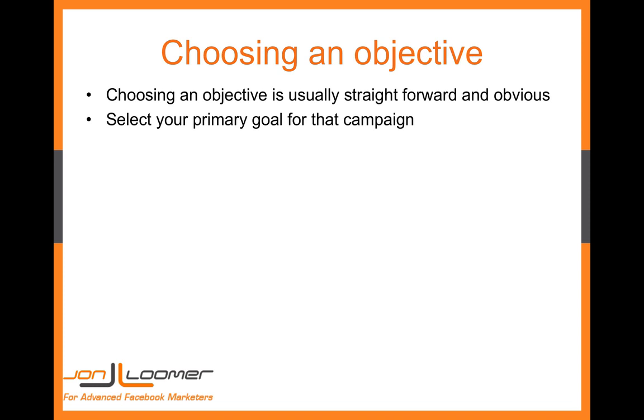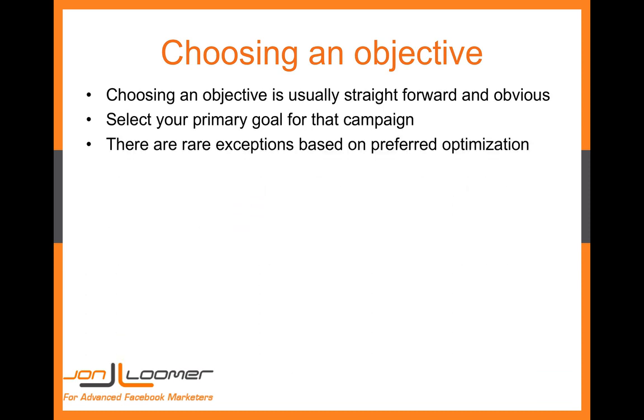So I see a lot of people have a video or they have something that's promoting a blog post and they say, well, I want to see how many sales I got. Well, yeah, you can still see how many sales you got, but that's not your primary objective from that. And whether or not it's successful isn't dependent upon how many sales you got in some cases. So you need to pick a primary goal for that campaign.